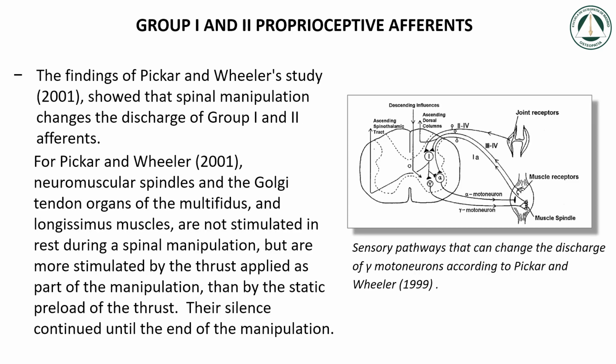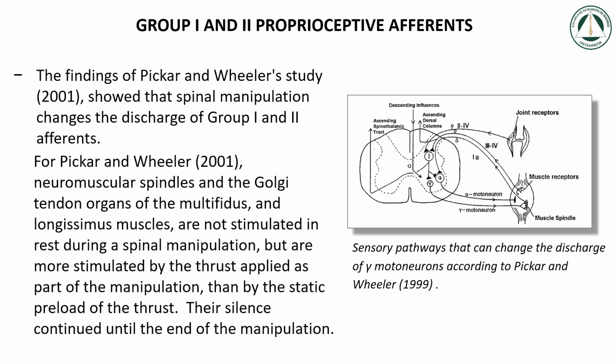The findings of Pickar and Wheeler's study, 2001, showed that spinal manipulation changes the discharge of Group 1 and 2 afferents. The neuromuscular spindles and the Golgi tendon organs of the multifidus and longissimus muscles are not stimulated at rest during a spinal manipulation, but are more stimulated by the thrust applied as part of the manipulation than by the static preload of the thrust.